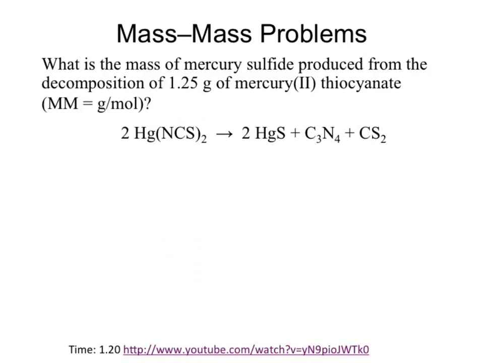Okay? So let's actually take a look at the problem and see what's happening here. What is the mass of mercury sulfide produced from the decomposition of 1.25 grams of mercury 2 thiocyanate? I can tell you right off the bat, I'm going to want to do some shorthand here because that's going to be a lot of information to write out.